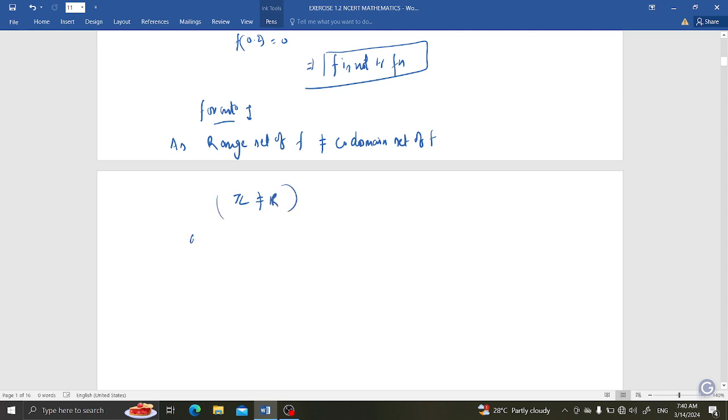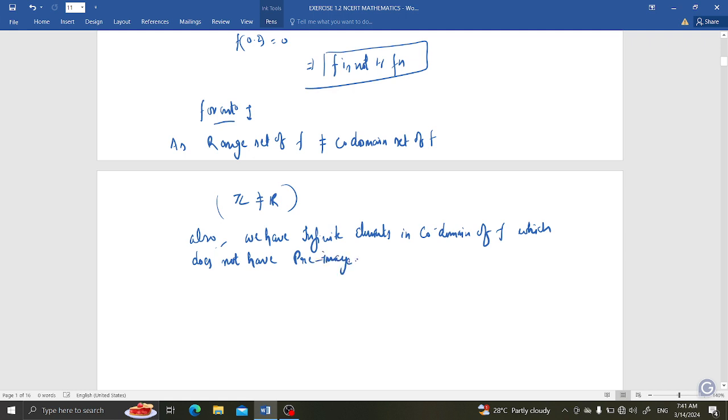Understand? Also, we have infinite elements in the codomain of f which do not have an image.